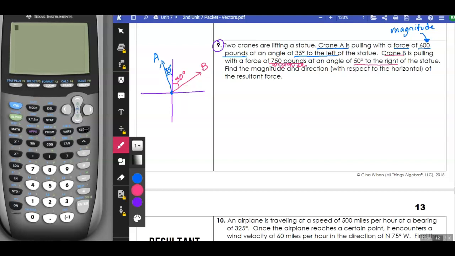All right. The resultant force, we just learned, you can find by adding vectors together. What do we need before we can add these together?